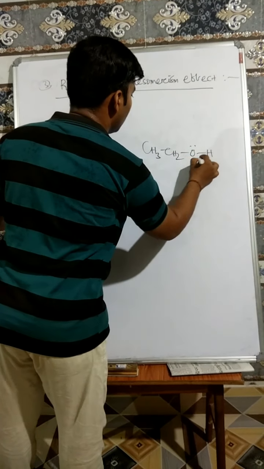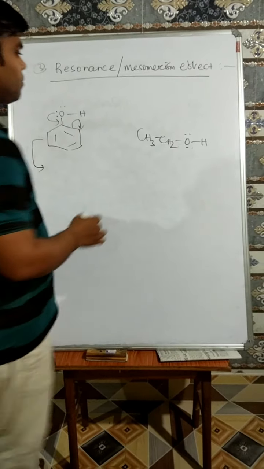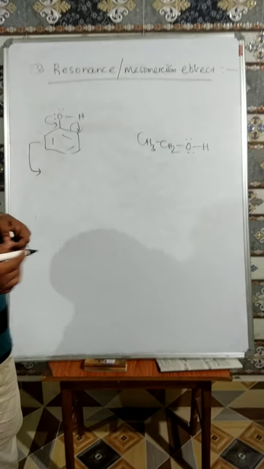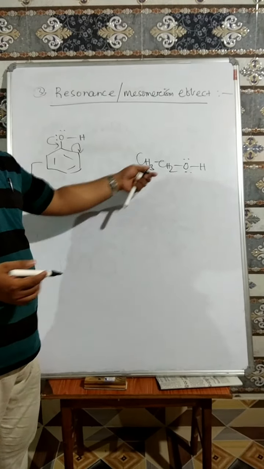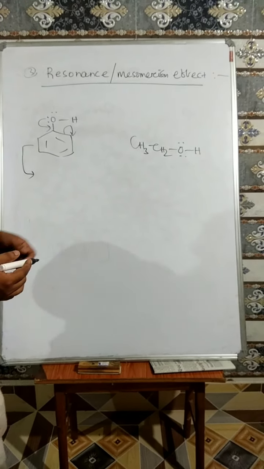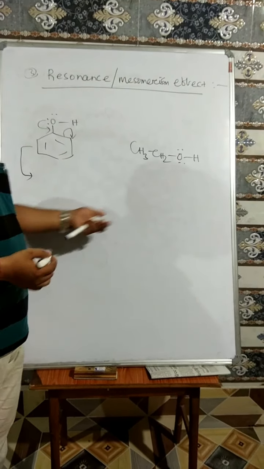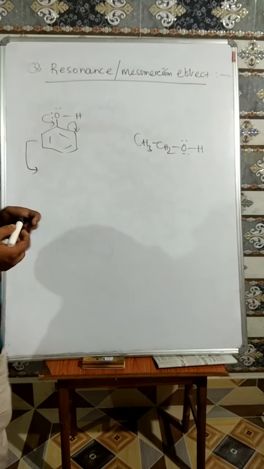Like benzoic acid, phenol also gives 3 resonating structures by the cyclic delocalization of pi electrons. But in case of ethyl alcohol, the pi electrons cannot be delocalized because there are no such conjugated pi bonds. Hence, we can say phenol is more acidic than ethyl alcohol. Okay.